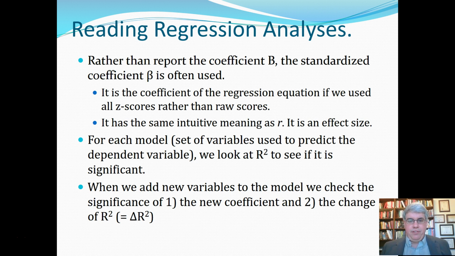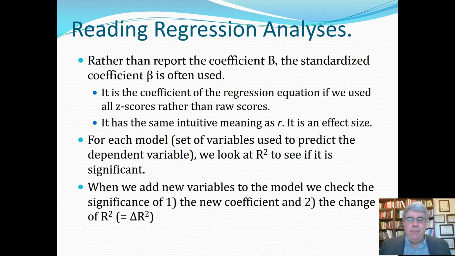And these standardized coefficients are called beta. Now, what does standardized mean? It would basically be the coefficient that we would get if instead of entering raw scores into Excel, we entered z-scores into Excel.